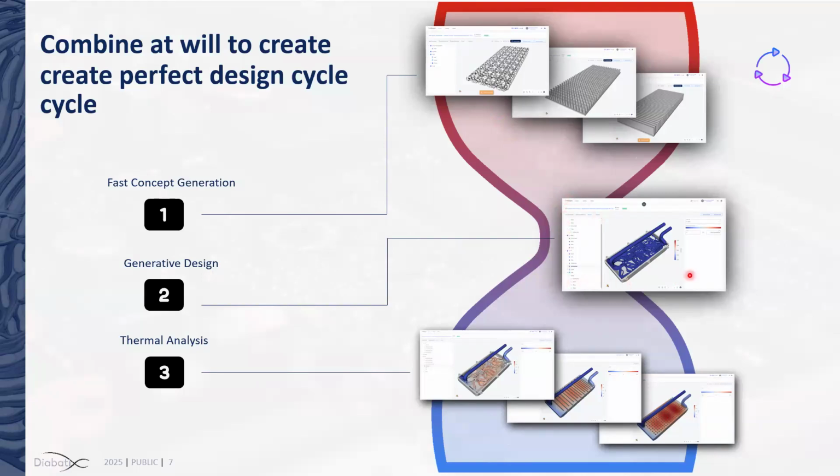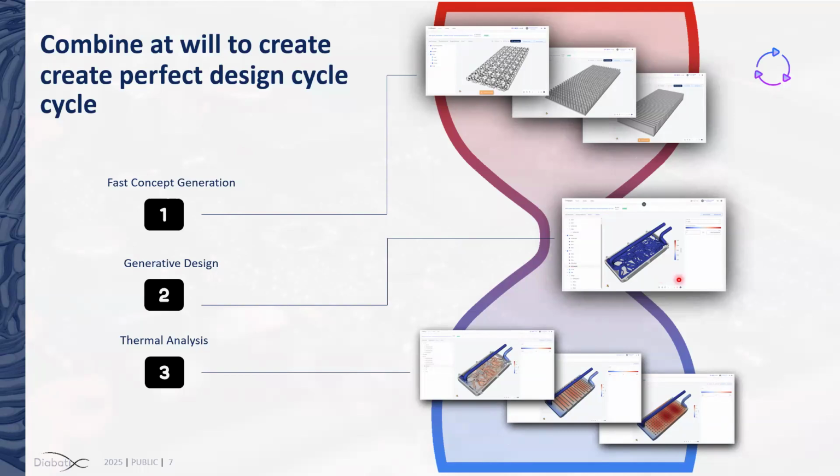The user can also tweak multiple aspects of the design process, doing less accurate design exploration first, then highly accurate design exploration later. That's where we say the user can combine multiple modules together to come up with a perfect design cycle suitable for their product development.